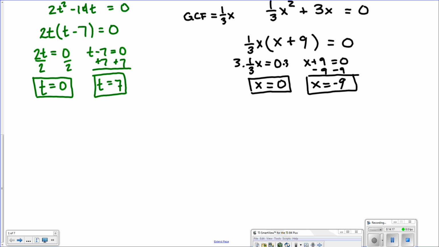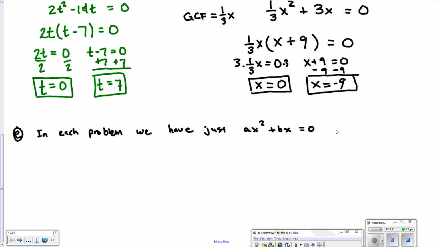So if we're looking to say what do they have in common, we could say in each problem, if we're looking at them like they're in standard form, we have just ax squared plus bx equals 0. So in every one of them, the c term canceled out when we moved it and set it equal to 0.